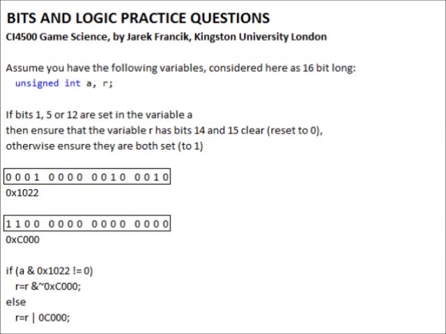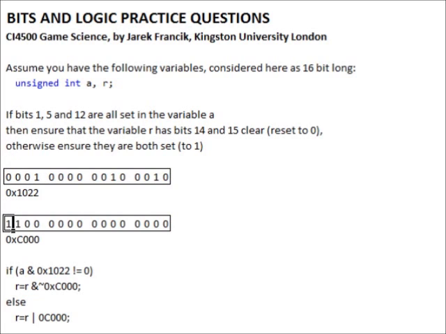Let me now introduce a very small modification to this exercise. It will be if bits 1, 5 and 12 are all set in the variable A and everything else remains exactly the same.